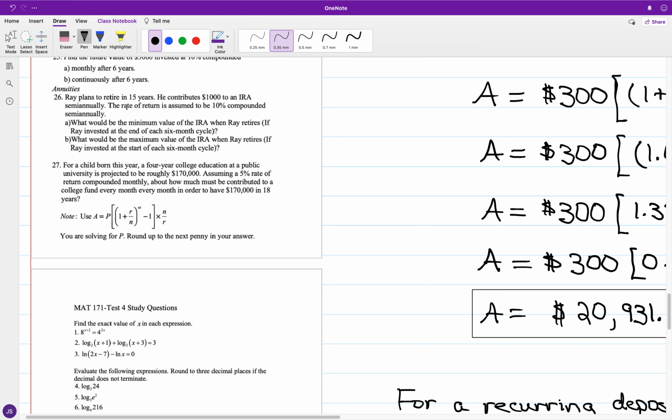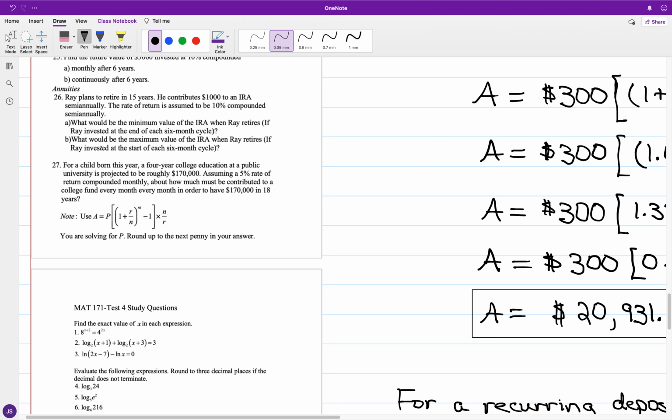The rate of return is assumed to be 10% compounded semi-annually. In part A, what would the minimum value of the IRA be when Ray retires, if he invested at the end of each 6-month cycle?